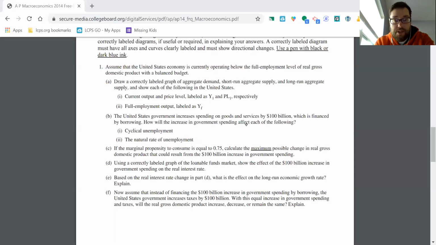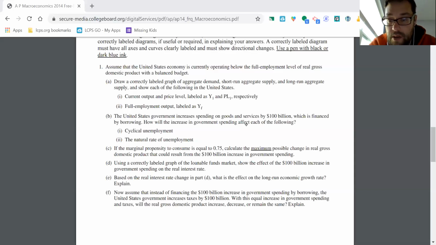All right, so let's move on to part C. If the MPC, marginal propensity to consume, is equal to 0.75, calculate the maximum possible change in real gross domestic product that could result from the $100 billion increase in government spending. So this is a spending multiplier question. So if you remember, spending multiplier is equal to 1 over 1 minus the MPC.